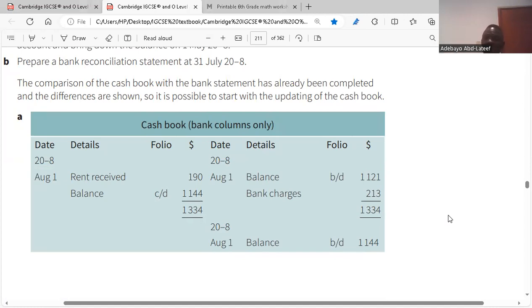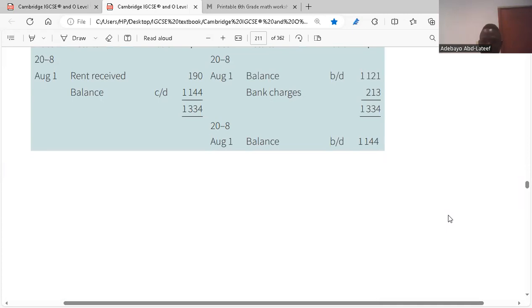It was not recorded because it was a direct transfer. So you have to debit your cash book for that amount. Then the bank charges, which were in your bank statement but not in your cash book, you have to credit your cash book. That's the first thing. Then you have to balance that and carry it down. I think that is clear.